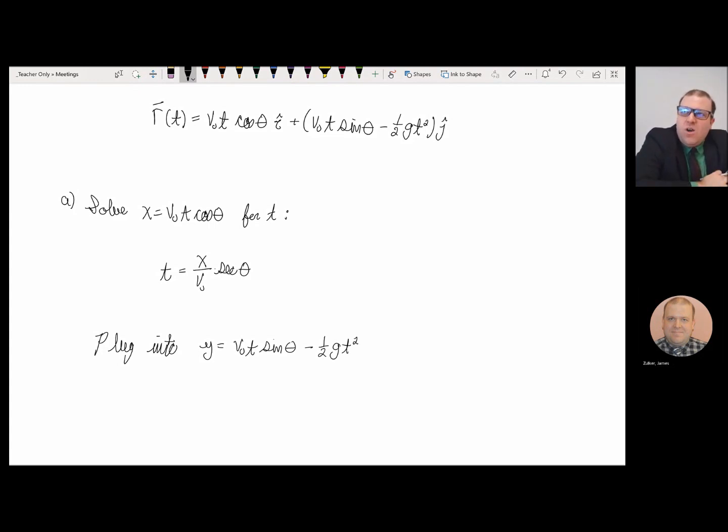Now plug that into y equals v naught t sine of theta minus a half g t squared. That's now going to give us y equals f of x.